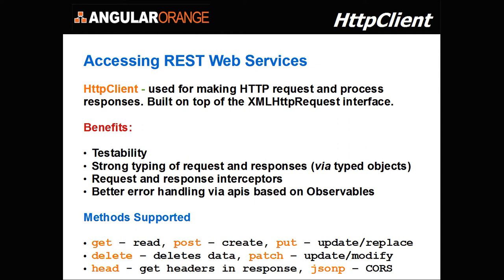I do want to point out that the HTTP client module, as well as the HTTP client, was new as of Angular 4.3. I have installed Angular 4.4 on my system. My projects are now being created with Angular 4.4, and I did it because I want this HTTP client object.